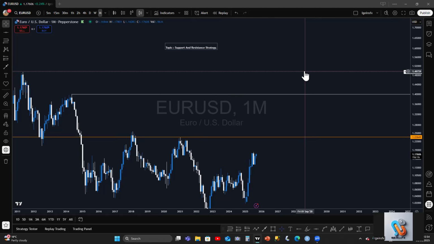Analyze the pair from the monthly, scale down to the weekly, daily, then 4 hour. Don't go below 1 hour, please, for your time frame of execution where you will now place your trade. But please, if you don't want to give back to the market what you have gotten from it, stick to the higher time frame.